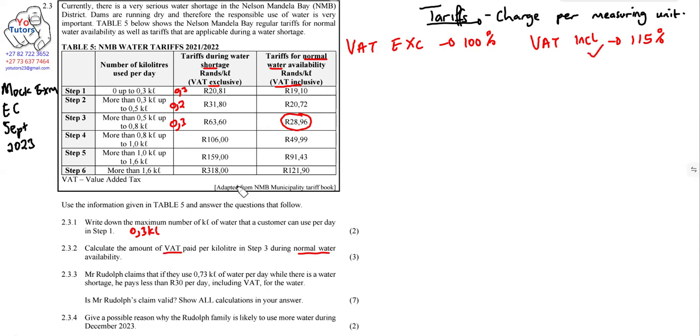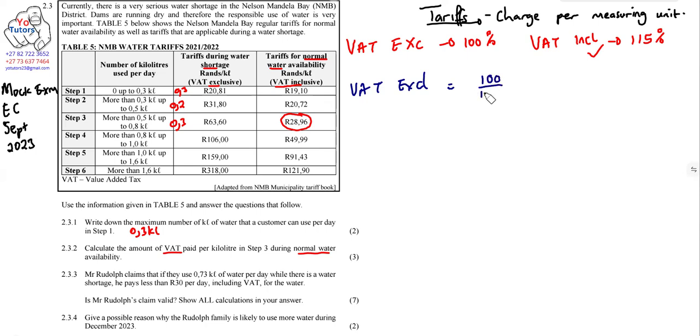We need to first get the VAT exclusive, in order to get the VAT, the 15%, that was actually paid. How do we do that? We first find the VAT exclusive, which is 100%.